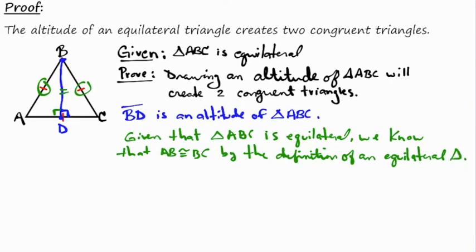Because in an equilateral triangle, we know all sides are congruent. We can also say that BD is congruent to itself by the reflexive property of congruence.